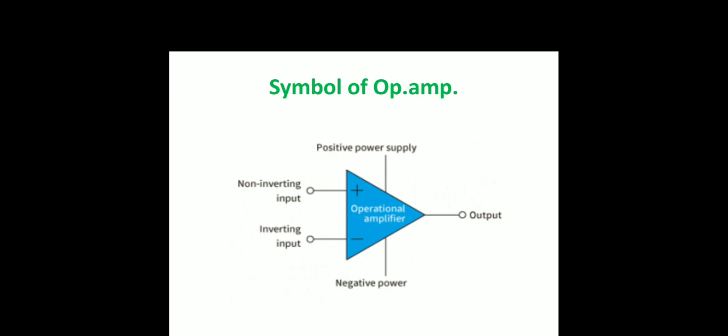On the other hand, when an AC signal or DC voltage is applied to the negative or inverting input, it produces a 180-degree out of phase or opposite polarity signal at the output.